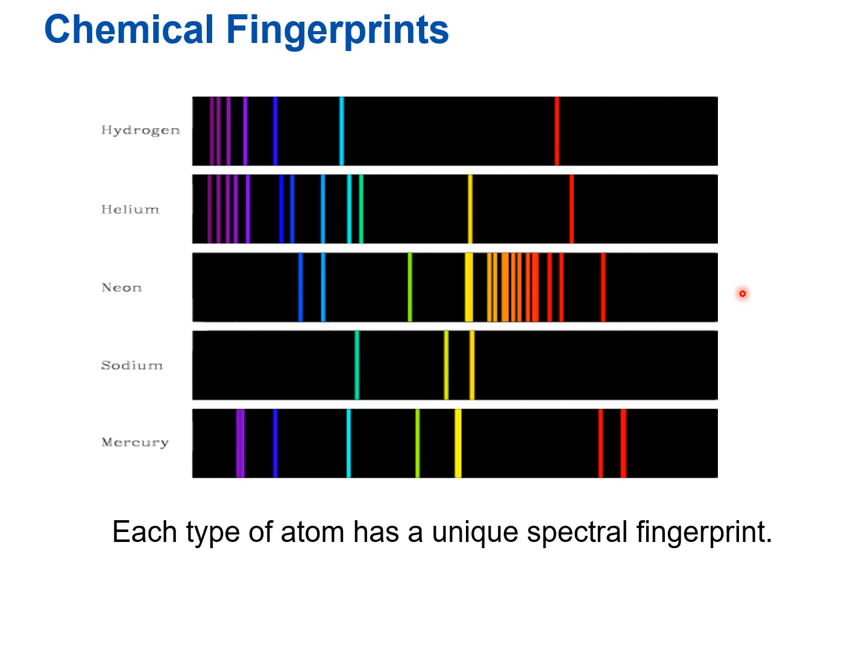So a neon light is a tube filled with neon gas, and they run an electric current through it. When you switch on the light, the electricity runs an electric current, and the electrons absorb certain amounts of energy.